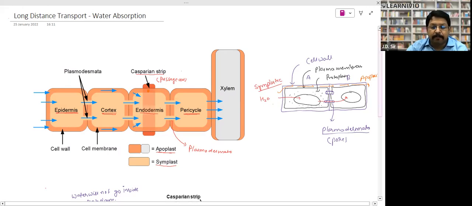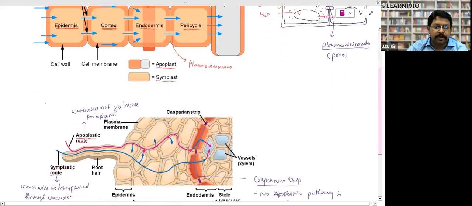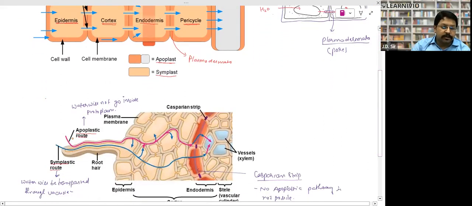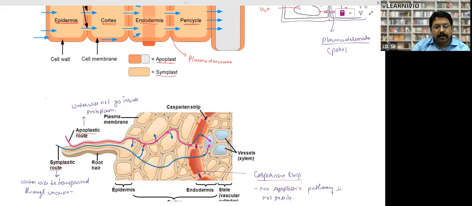So first, in the apoplastic pathway, try to understand. You can see the water is crossing this route here, then the cortex, and then the endodermis. In the endodermis, water will enter inside the cell and reach the xylem.